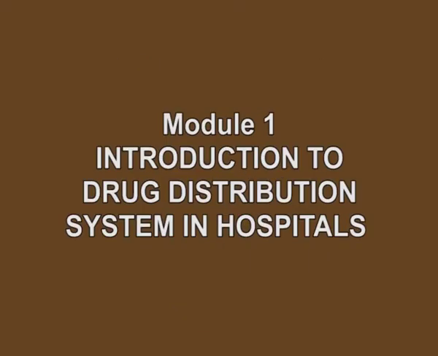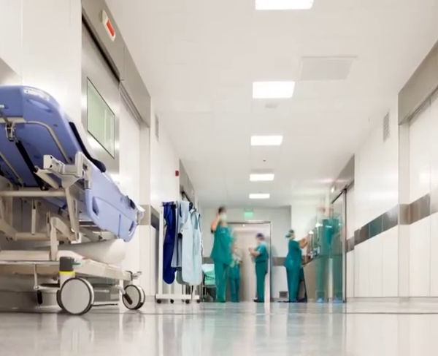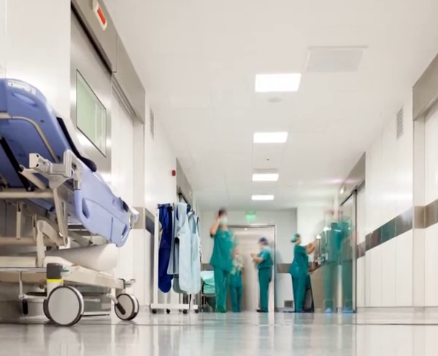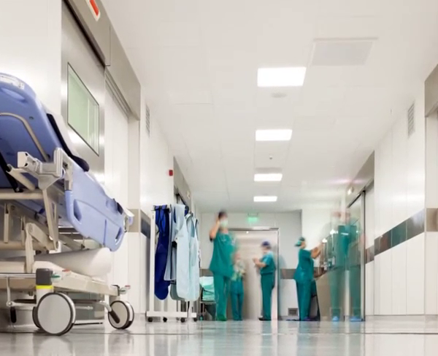So we will be starting with Module 1, that is Introduction to Drug Distribution System in Hospitals. Let's start with a general introduction about various drug distribution systems in the hospital. We know that a hospital is an organization of healthcare facilities arranged to maintain or restore health. It has two categories of patients, that is inpatients and outpatients.